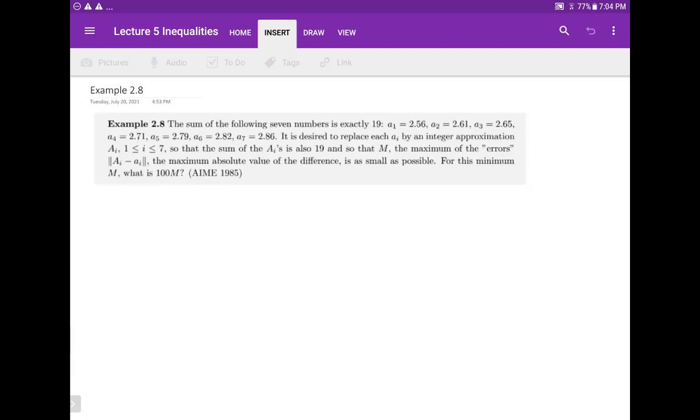Now, you might be thinking, what does this problem have to do with the inequalities and everything I talked about? Well, another big part of inequalities is optimization. And it's not always going to be like you have a fraction and you want to solve it, right?